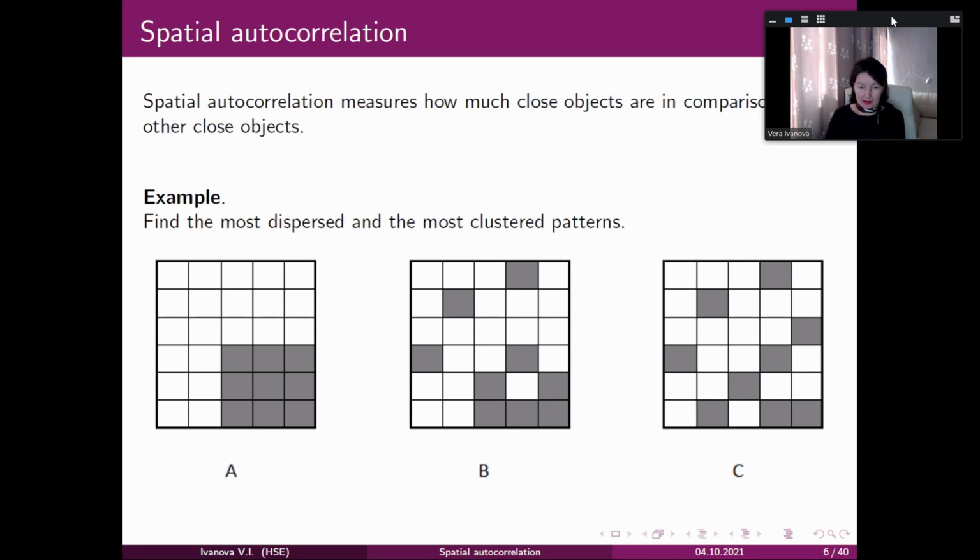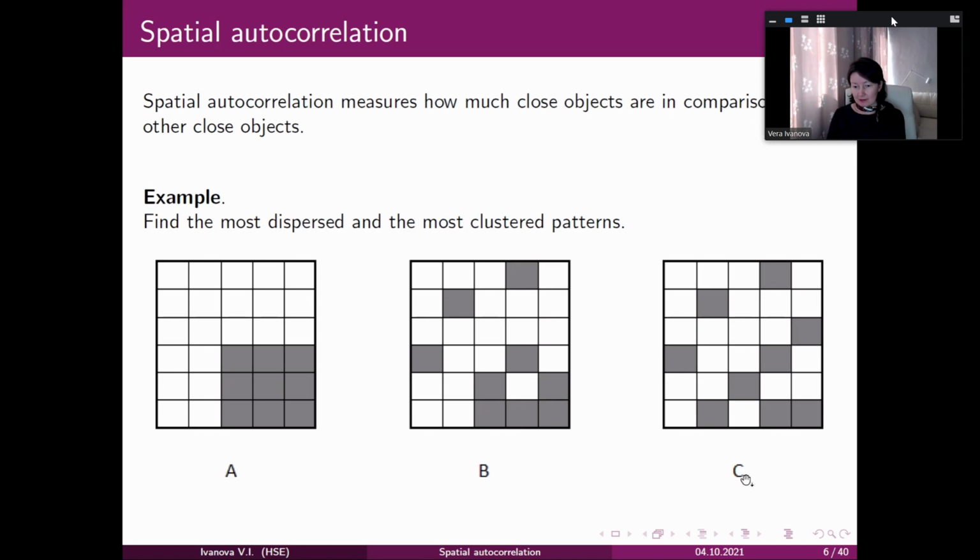Let's have a look at this simple example: 3 pictures with rectangular cells in black and white. In figure A, we can see that all the dark cells are together. In figure B, some of them are apart and distributed within white cells.